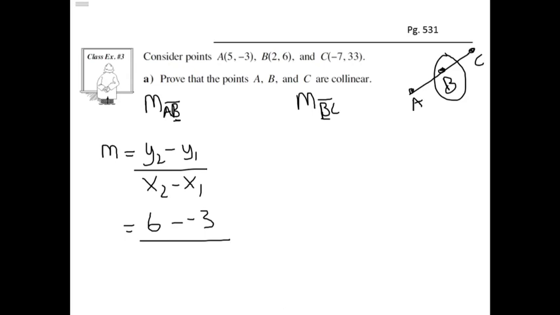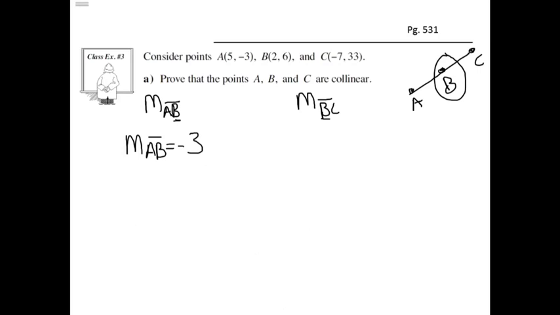Okay, x2 is going to be 2, because that's x for B. And for A, it's going to be 5. So when we work out the slope, 6 minus a negative 3, well, that's going to be adding them together, so that's going to be 9. 2 minus 5 is going to be a negative 3. So your slope here is going to be negative 3.